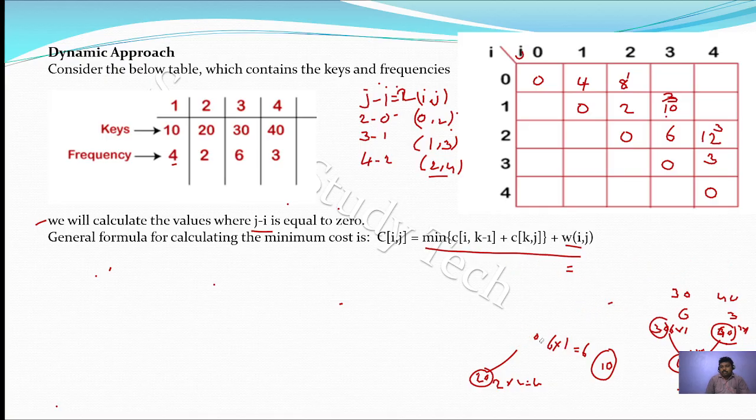Now j minus i equal to 3 we have to find out.